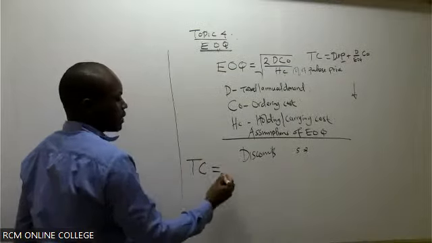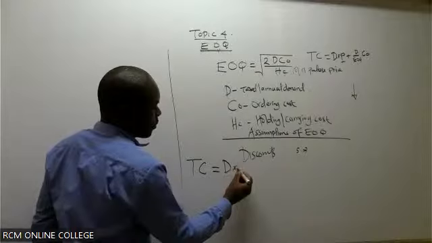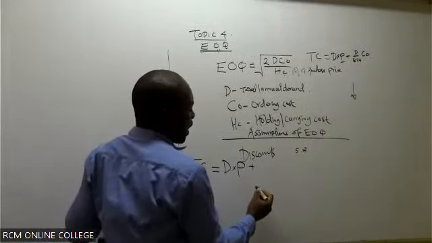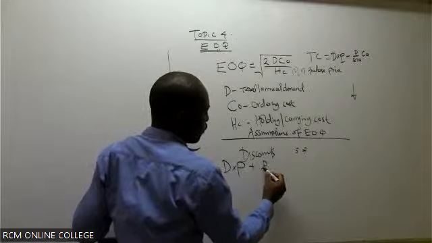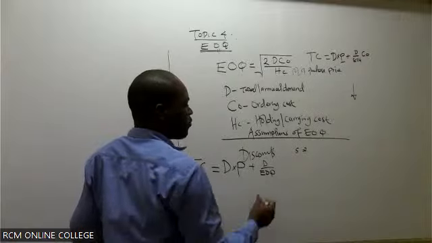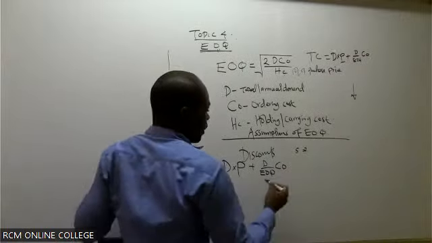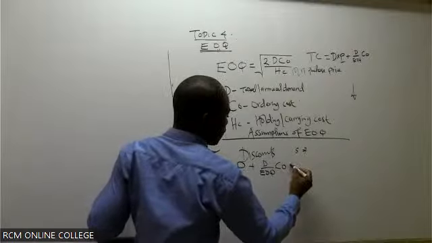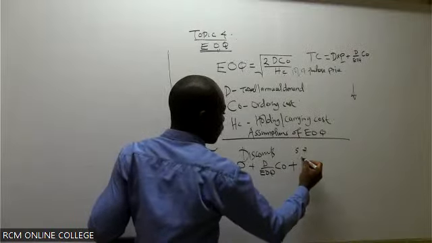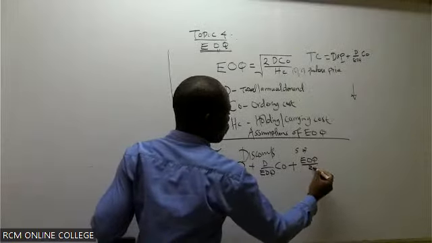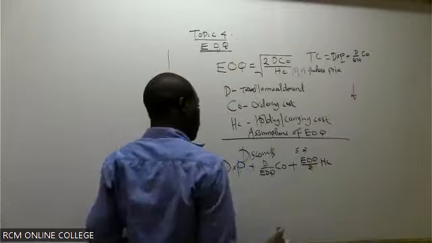is calculated as demand multiplied by purchase price, which will not change. Then to that we add demand divided by economic order quantity to give us the number of orders, then we multiply by ordering cost for each order. To that we add economic order quantity divided by 2, then multiplied by holding cost.